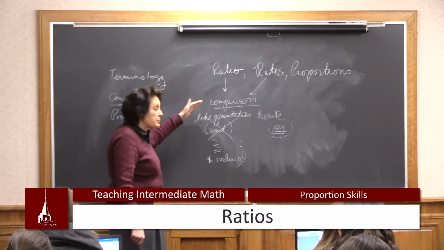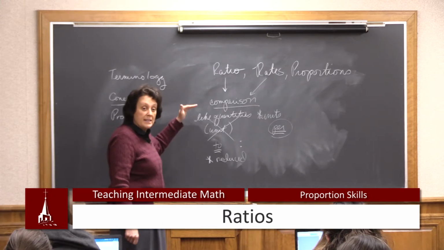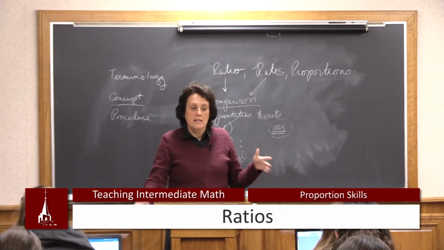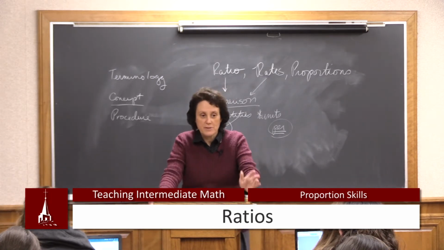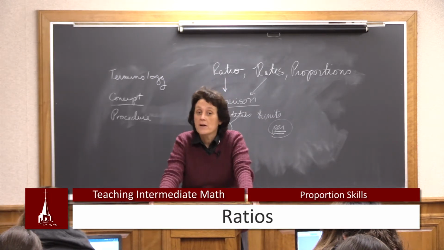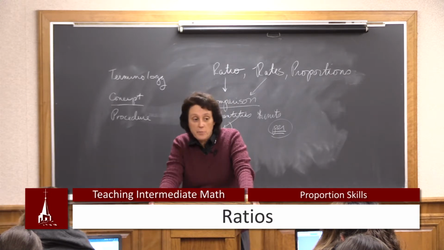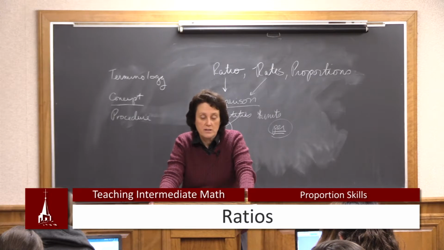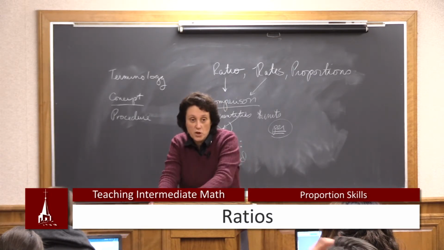But we are making a specific comparison in a specific order. So if I want to compare in my 7th grade math class the number of girls to the number of boys, since it's a numerical comparison only, I have to keep it in the same order, boys to girls.